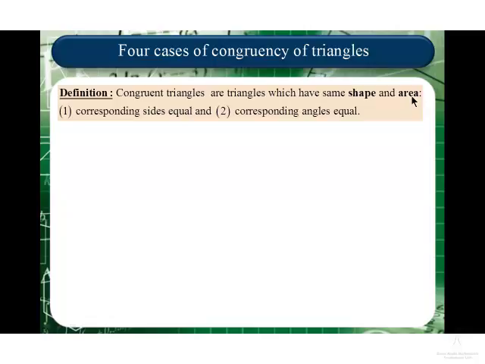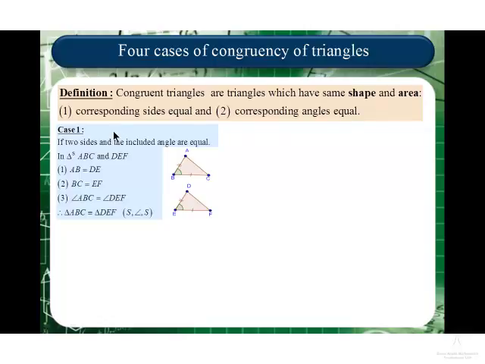So this really means that, amongst others, corresponding sides have equal lengths and corresponding angles are equal. That is for all 3 corresponding sides and 3 corresponding angles in such a case.